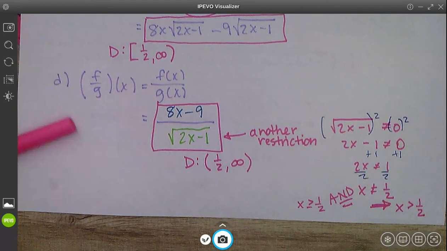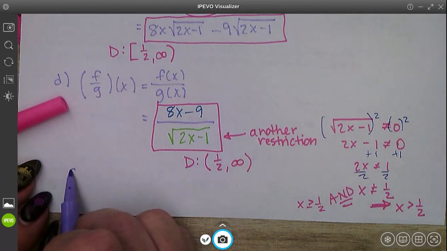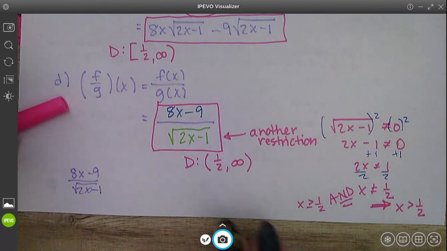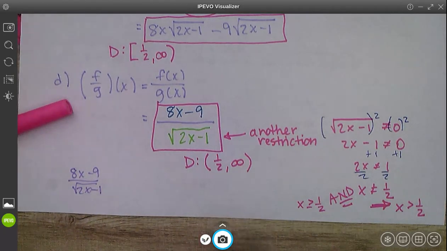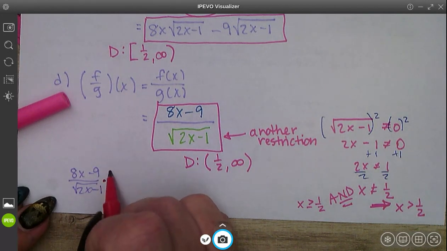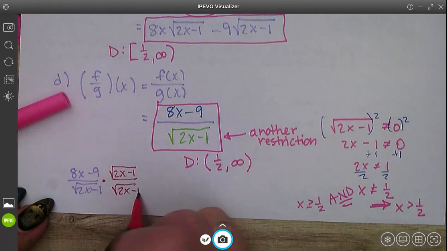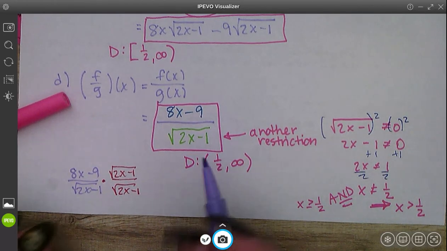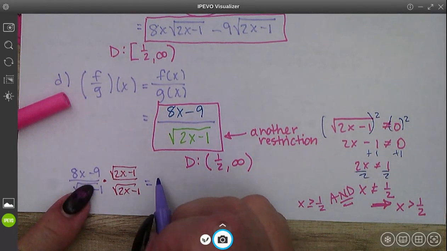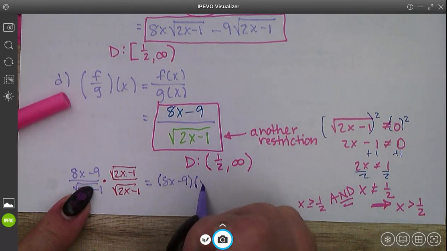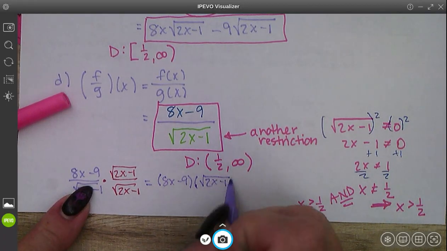So let's look at what it would be like if we had to rationalize that denominator. It's pretty easy because there's only the one term. So all I need to do is multiply the numerator and denominator both by square root of 2x minus 1. In the numerator, that's just going to make me have 8x minus 9 times square root of 2x minus 1.